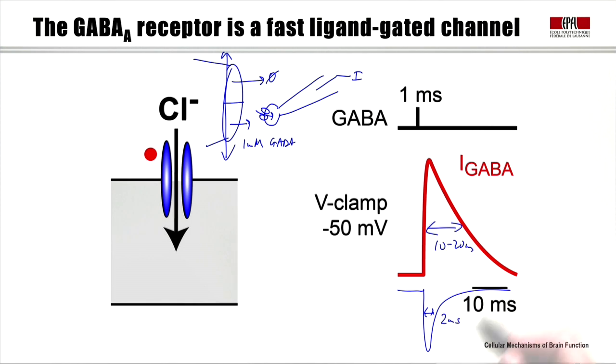So the GABAergic conductance here is 5 to 10 times slower than the AMPA conductance of the glutamatergic synapses. So GABAergic inhibition is fast, but it's much slower than the AMPA-mediated excitation.